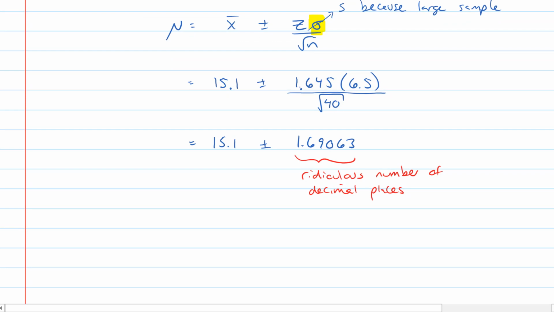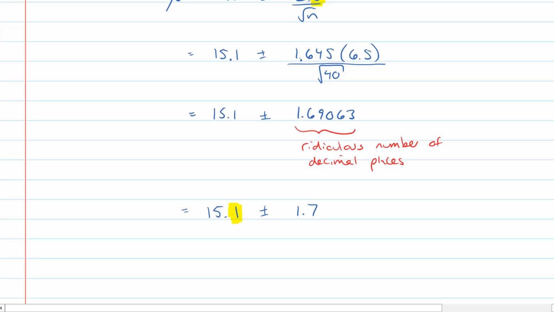And so a reasonable thing to do, now there are more complex rules for doing this in advanced courses, but the one that we're going to use just for efficiency here is we're going to say that I gave you the mean to the 1st decimal place, and so you should round your margin of error, the number after the plus or minus, to the same precision. Or if you want, you could give me 1 extra decimal place and write that as 1.69. But it really doesn't make sense to write 1.69063.